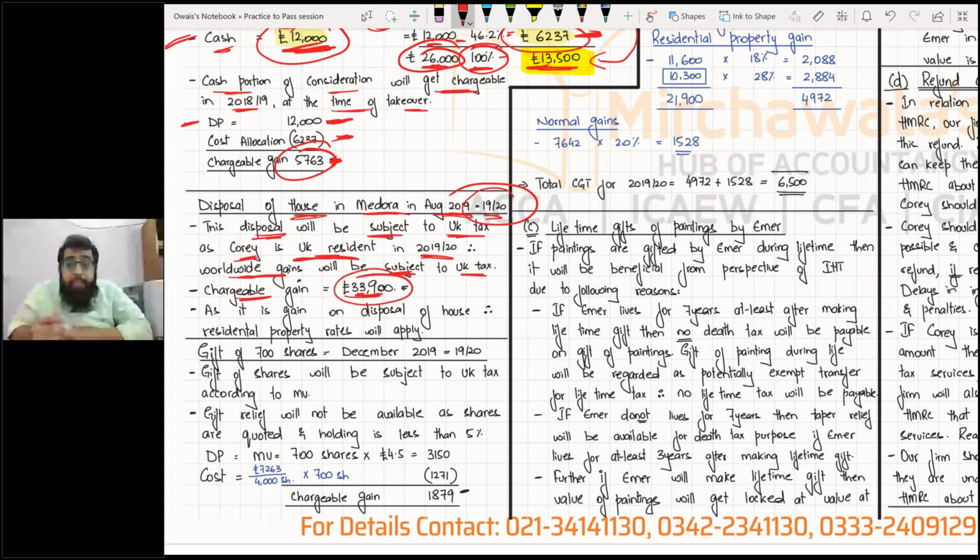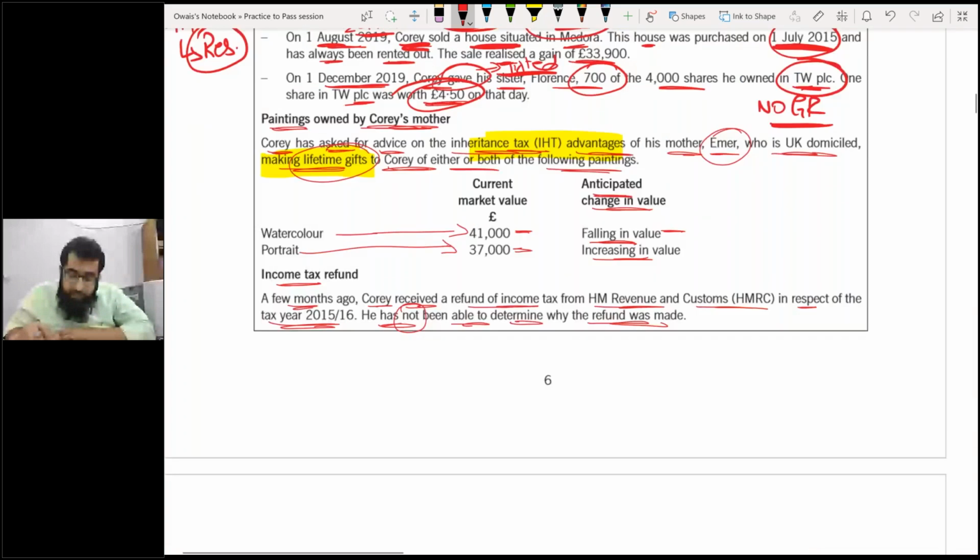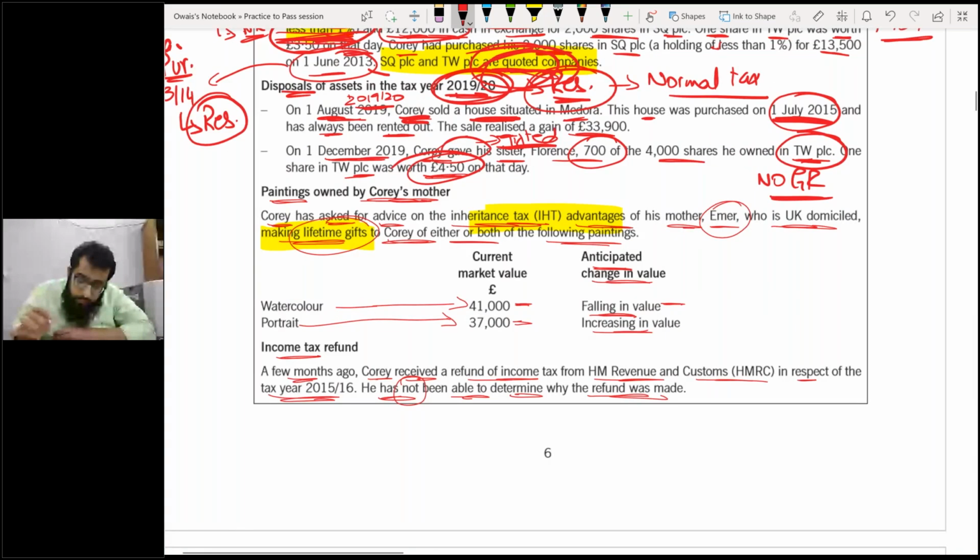Sir, PPR, principal private residence. My friend, it was written in the question that the house was rented out. So when you rent out something for the entire time, you don't get PPR. The house has always been rented out.